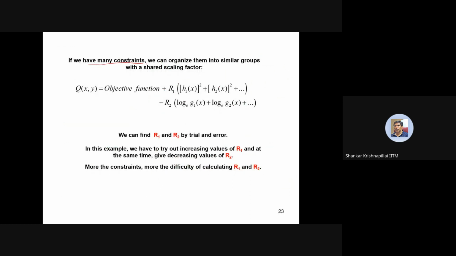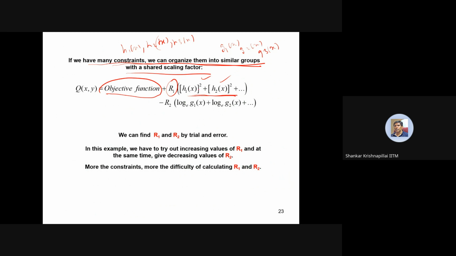So what to do if you have many constraints? Okay, so many equality constraints: h1x, h2x, h3x, and many inequality constraints: g1x, g2x, g3x. So what to do in such a situation? If we have many constraints, we can organize them into similar groups with a shared scaling factor. Okay, so objective function plus R1 into parabolic penalty function for all the equality functions.